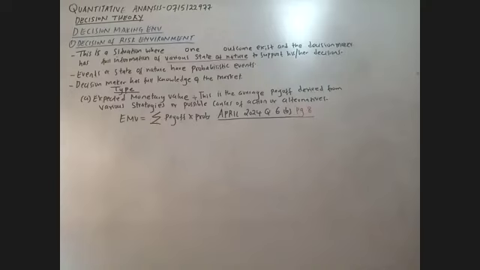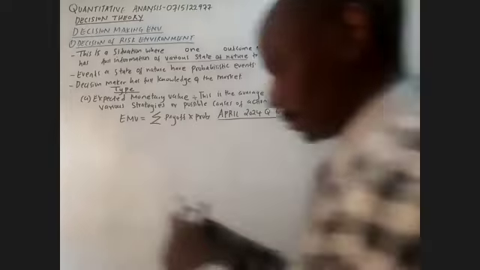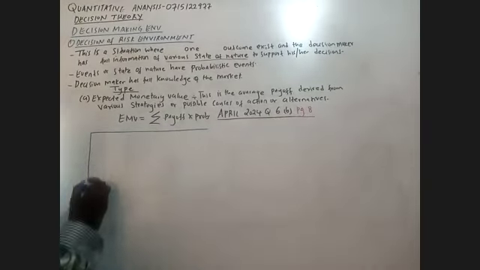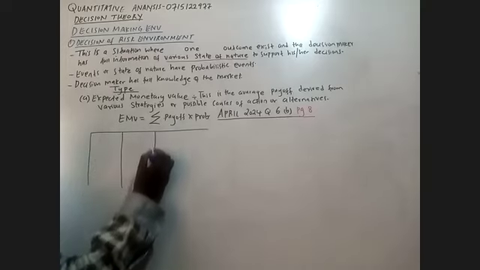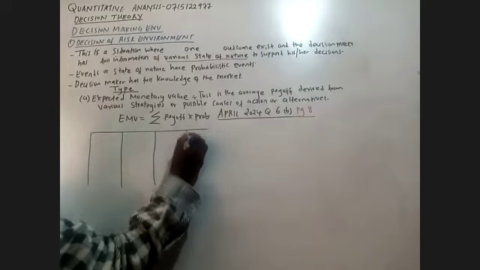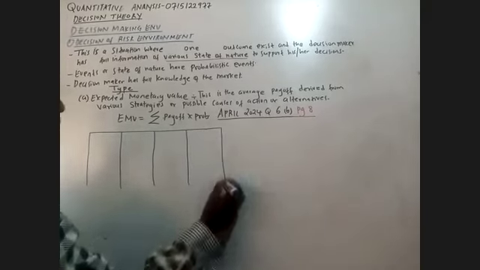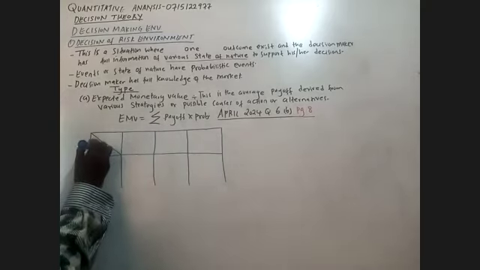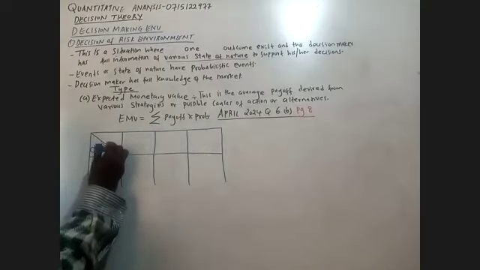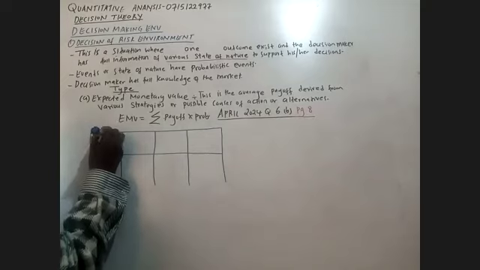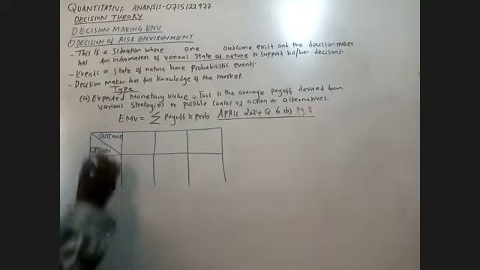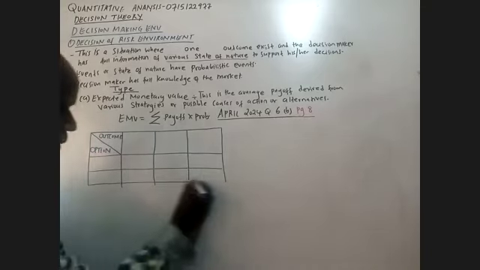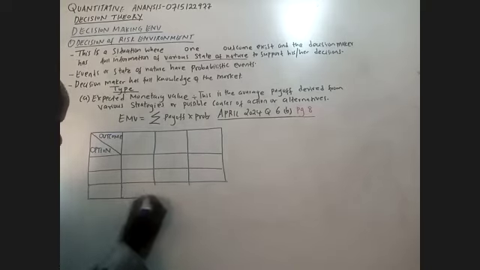Now, remember what we said about the table? This is how the table should look when you draw it. We said here the options and here the outcomes. Our options, I think, are Nanyuki, Nairobi, and Nakuru. Let me go back to the question.